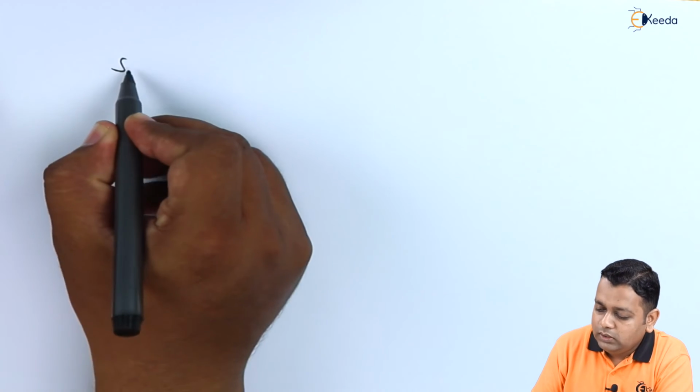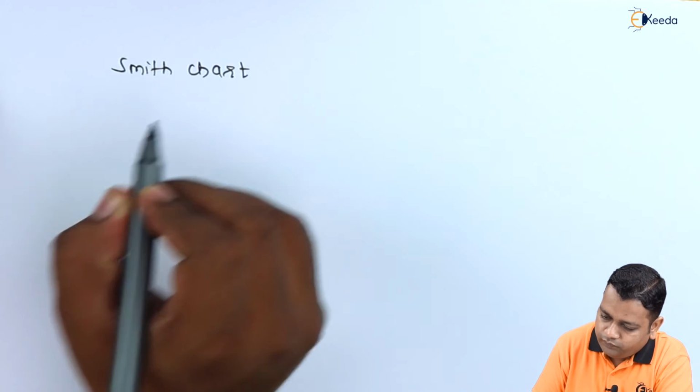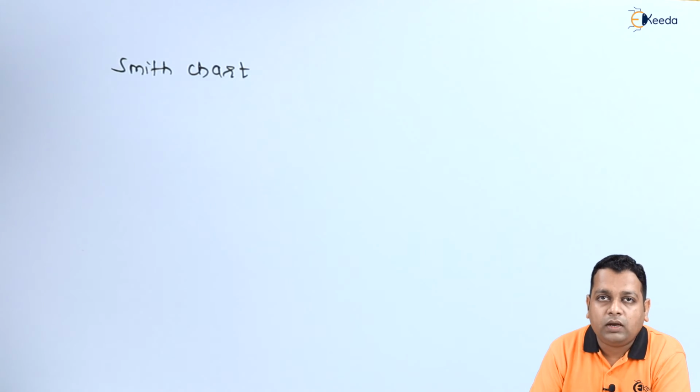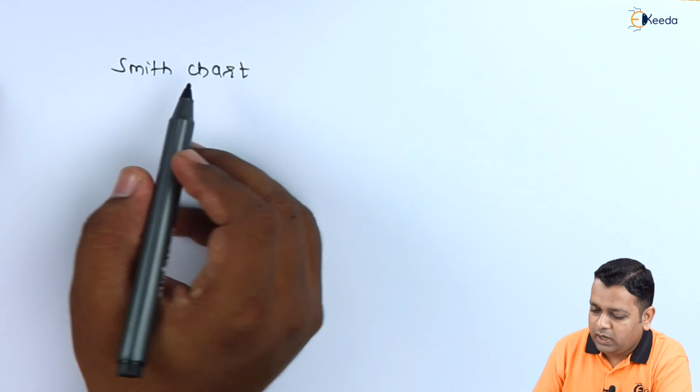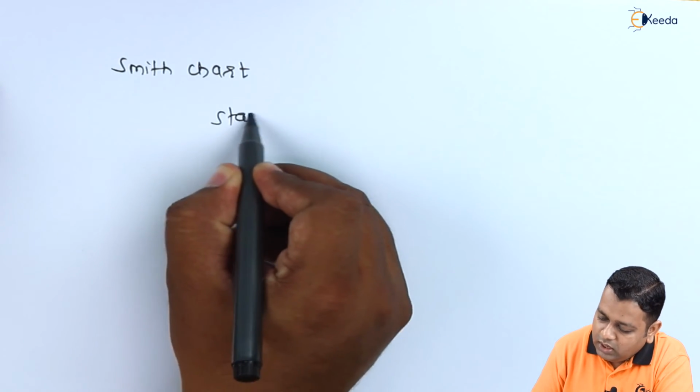So we have just been introduced to the Smith chart to determine fast solutions for transmission line problems by the method of graphs. In the Smith chart, we can have the measurement of various patterns, especially the standing wave pattern.